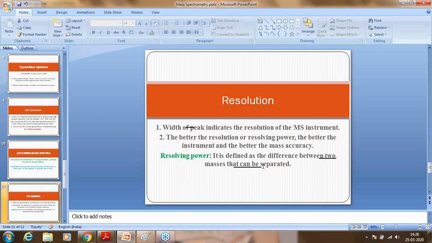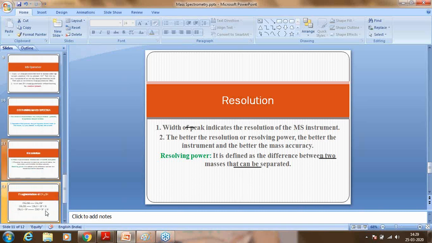So what we have learned: the peak should be sharp, narrow, with good width, and the instrument should have good resolution power for that spectrum.